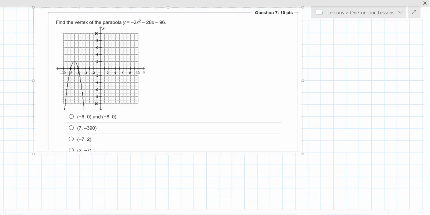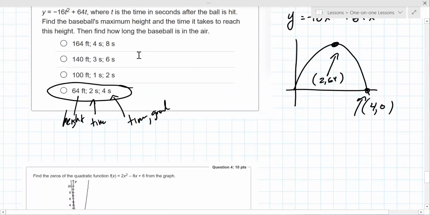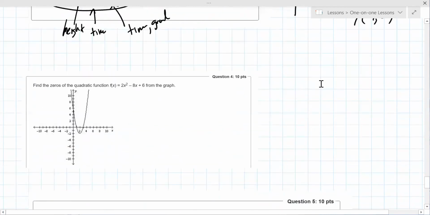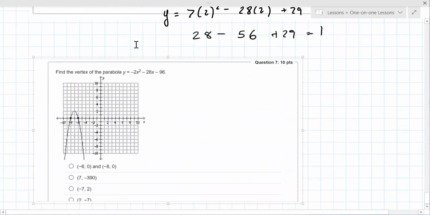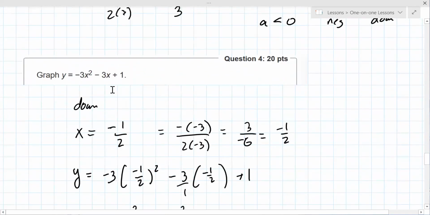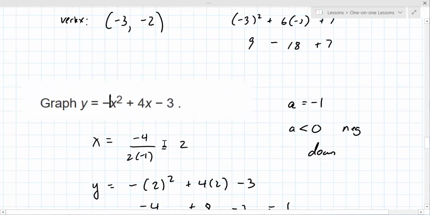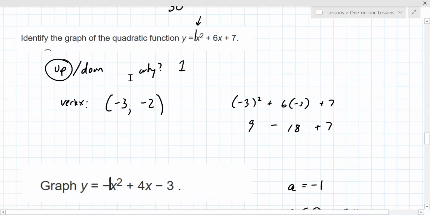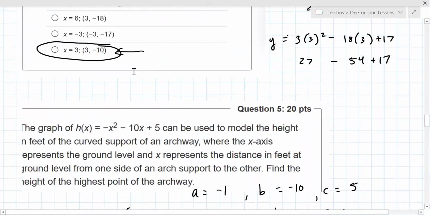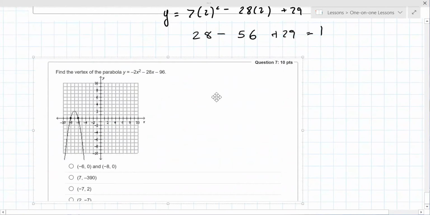You've just found the vertex, like many problems in a row here. Vertex 1, 2. Okay. And before that, you found the x-coordinate of the vertex here, and here, and so on. Was the vertex ever 2 points?